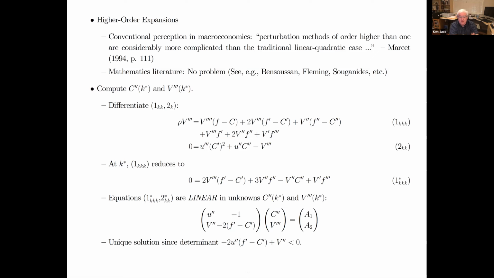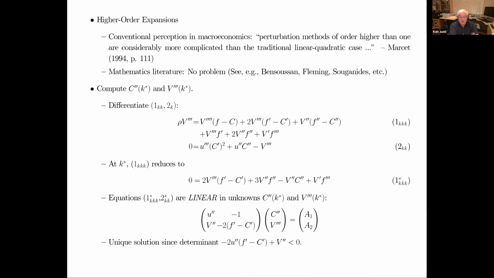Now, there was a perception in macroeconomics that perturbation methods of order higher than 1 are considerably more complicated than the traditional linear quadratic case. This was in a paper that Marcet presented at the 1990 World Congress. I was the discussant for that paper, and I took exception to his comments.